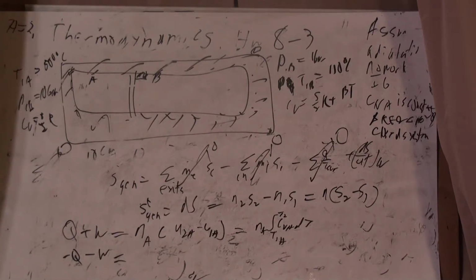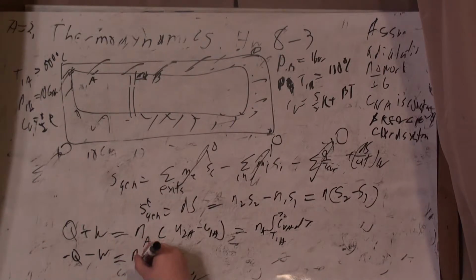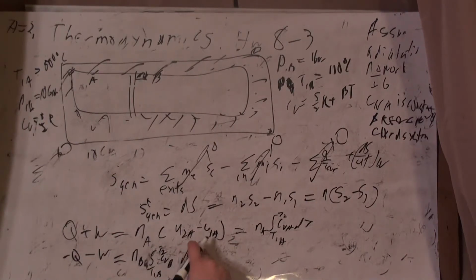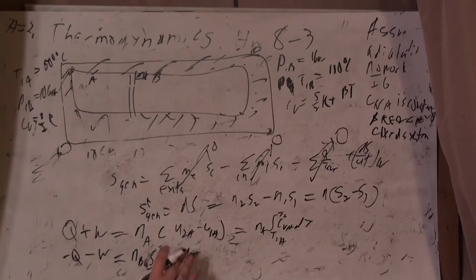But this is going to basically be the same thing. We're going to have N_B, an integral of C_VB from T1B to T2 dT. And then from an entropy balance perspective, it is basically going to be the same thing.